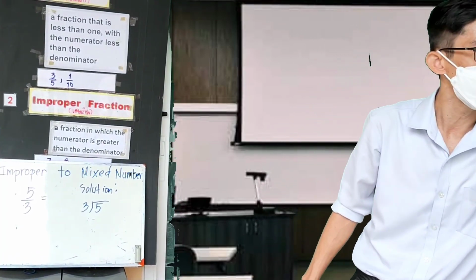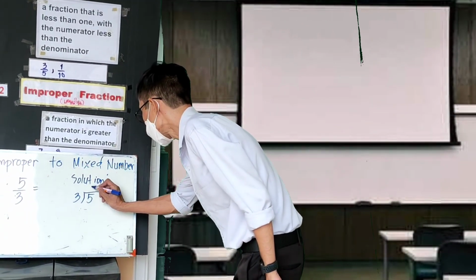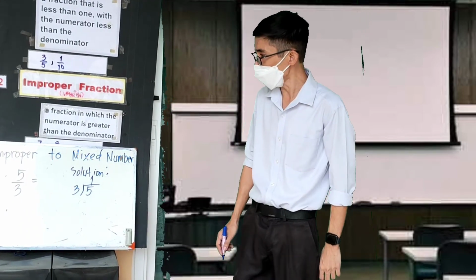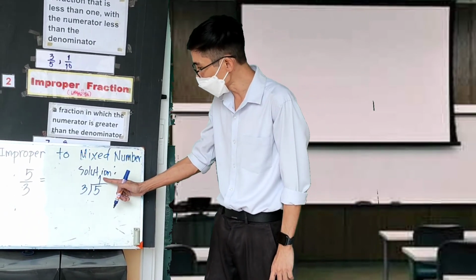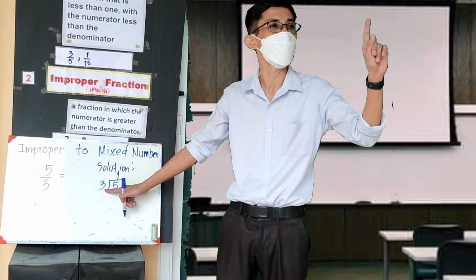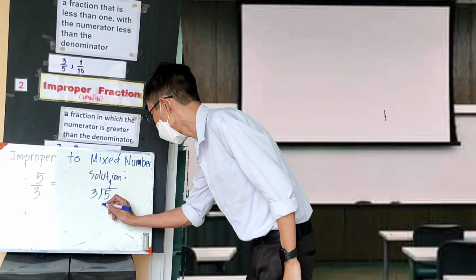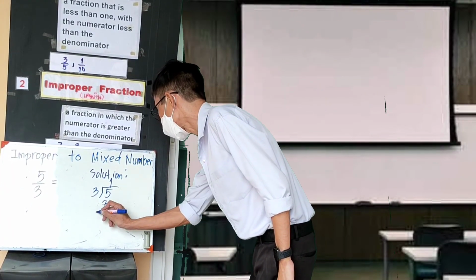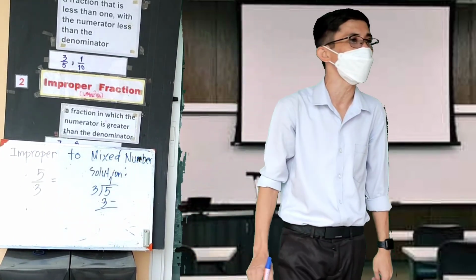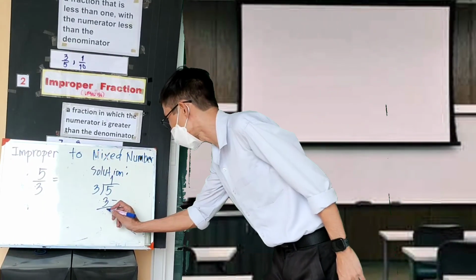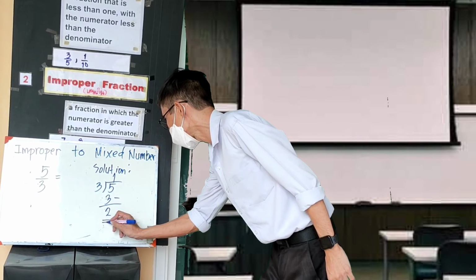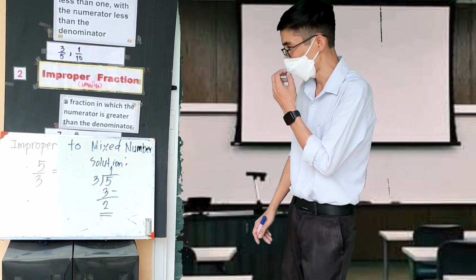How many 3s are there in number 5? Okay, we have only 1. So we have 1. Now, 1 times 3. What is the answer? Okay, 3. Very good. Now subtract. 5 minus 3. What is the answer? Okay, good. So we have 2. So we have now the answer.